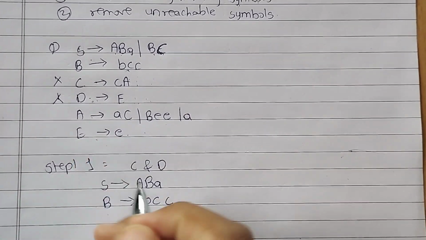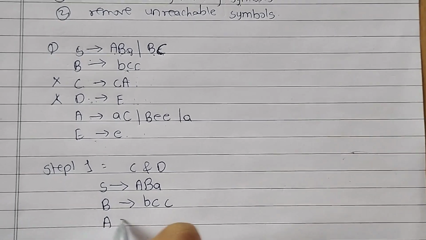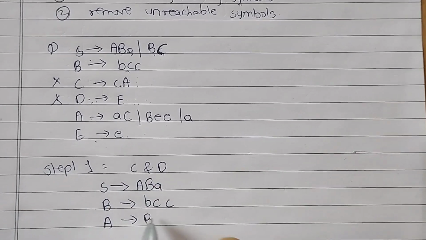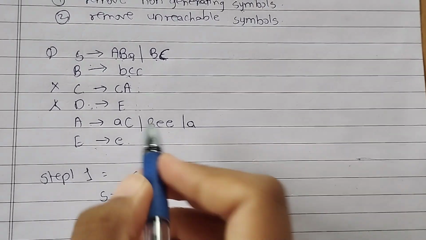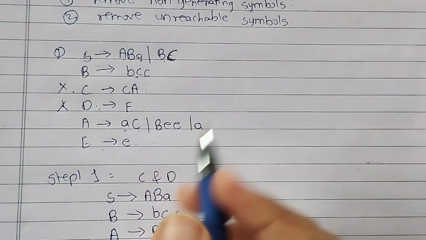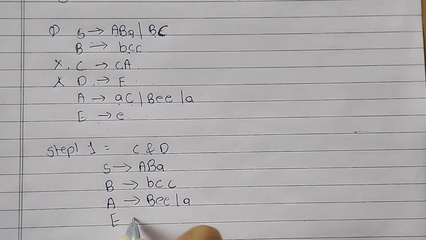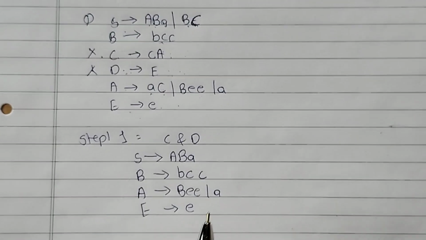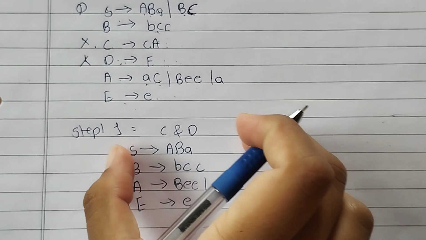Then A produces BE and A only. We do not write this AC because this capital C is removed, and E produces E. So I hope you all get an idea about step number 1.